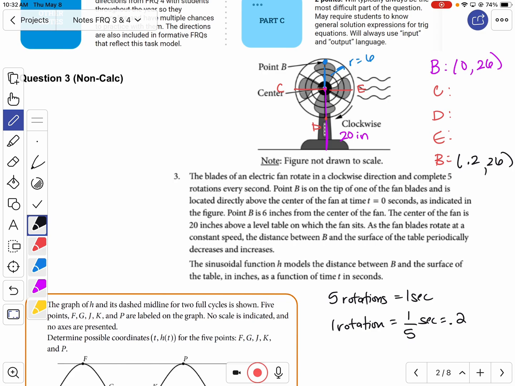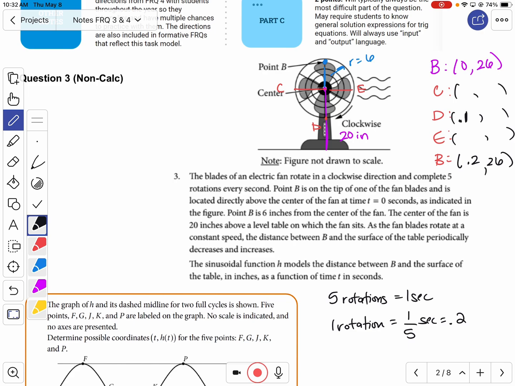Okay. Now, you can put your points together any way you want, in terms of what we're going to do. But let's just think about what those values are going to be to get me there. Okay. What would be halfway between 0 and 0.2? 0.1.